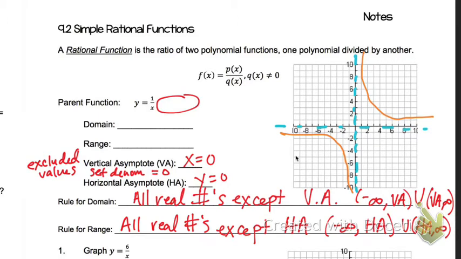So for instance, if I made a table and tested x equals 1, 1 over 1 would be 1. So I have a point here. My picture's not the most accurate, but I told you guys I'm not going to be picky about ordered pairs.